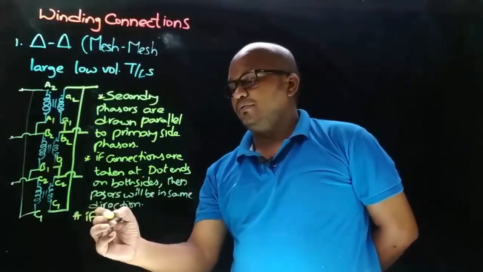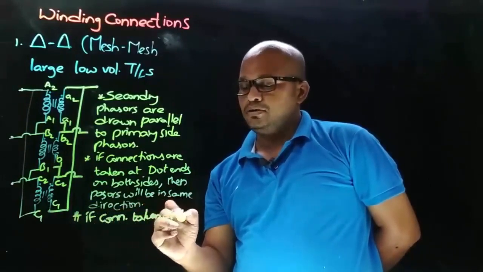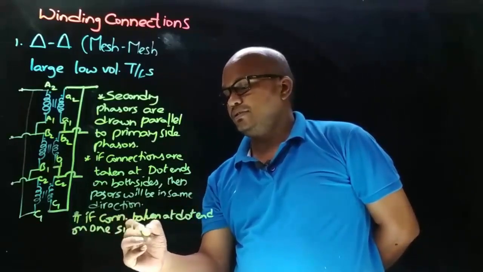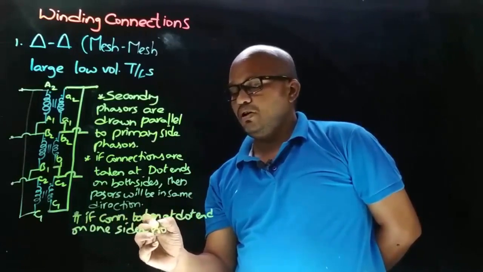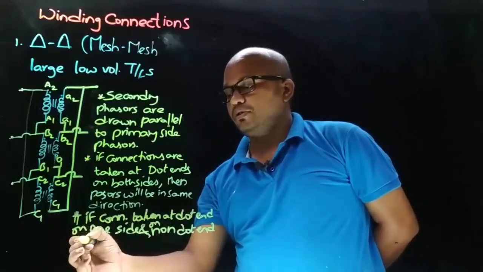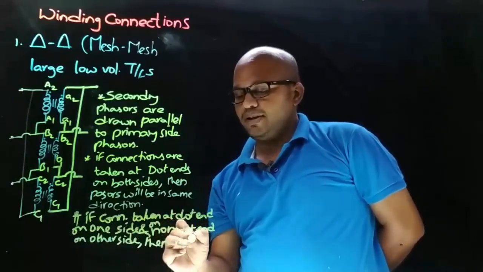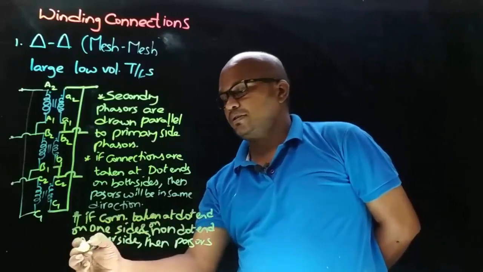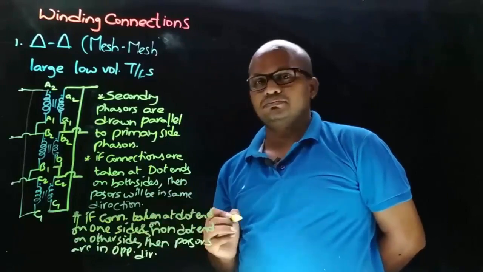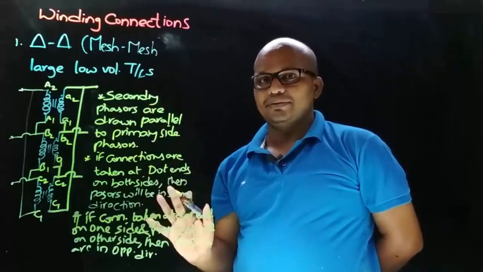And if connections are taken at dot end on one side and on non-dot end on other side, then phasors are drawn in opposite direction. So these are the 3 points that you must keep in mind for drawing the phasor diagrams.